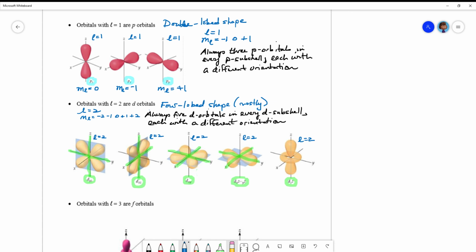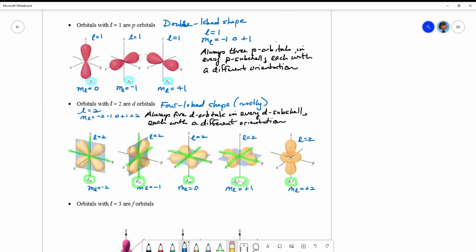But just as they are given a different subscript, dxy, dyz, etc., what differentiates them with the quantum numbers is they get a different m sub L value. So over here, m sub L might be equal to -2. m sub L here, -1. m sub L, 0. m sub L, +1. m sub L, +2.